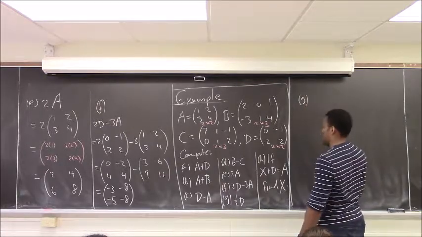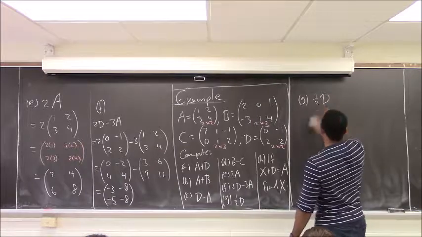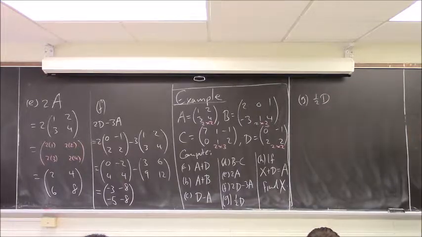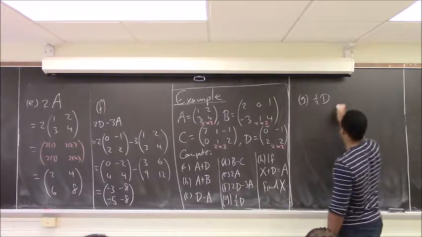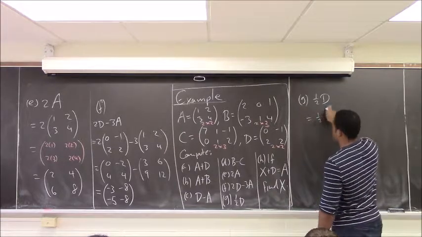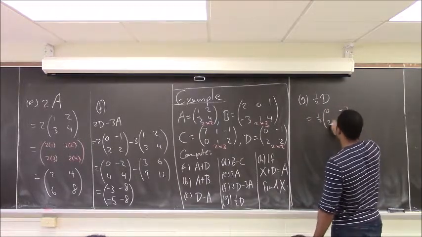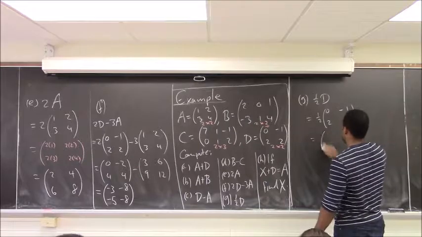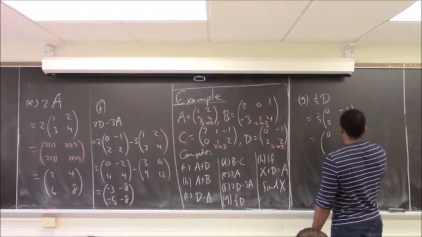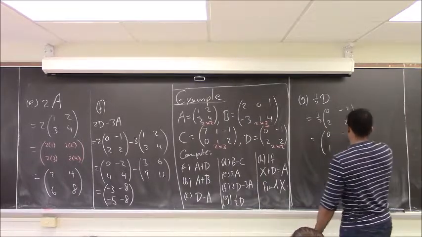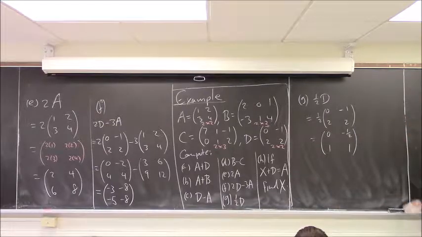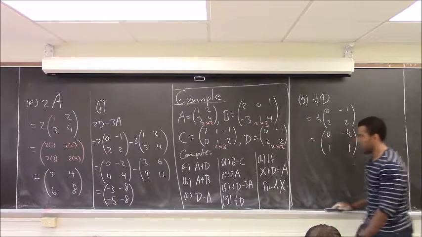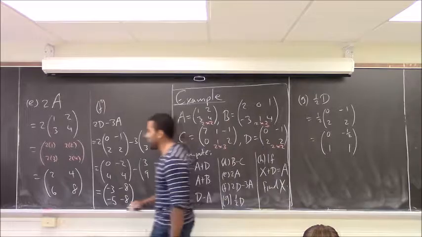E. We have 1/2 E. Well, that's just a scalar multiple. It's just 1/2 times 0 minus 1, 2, 2. Just threw this one in there so you know you don't have to have just whole numbers. You can have fractions, decimals, radicals, pi's, e's, whatever.